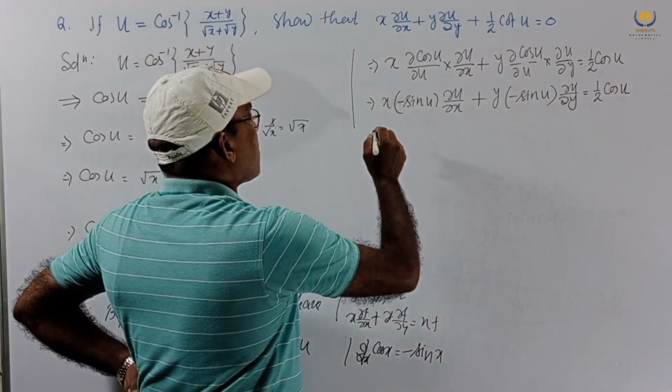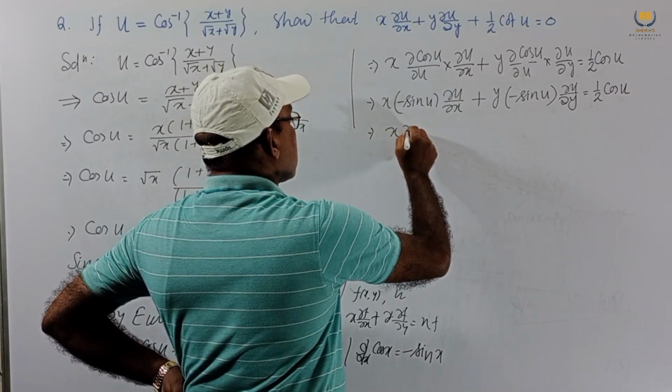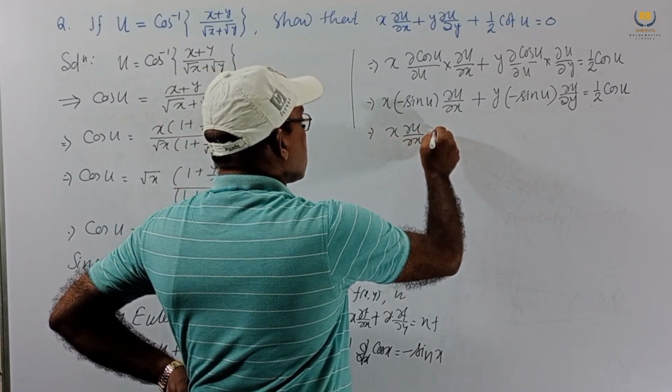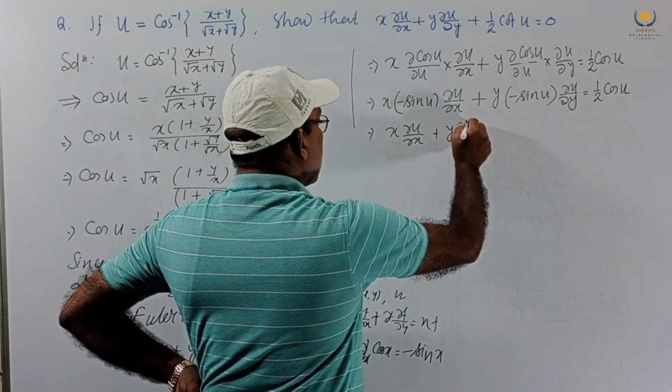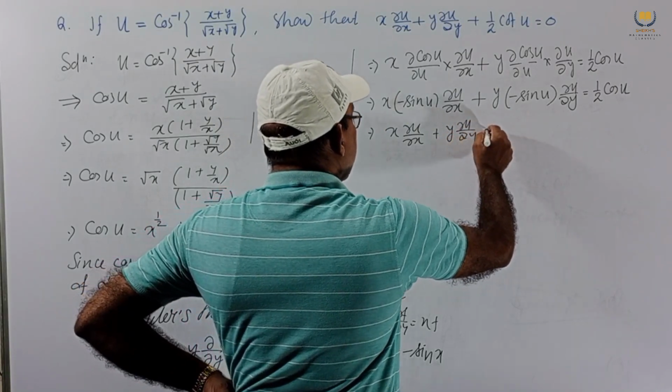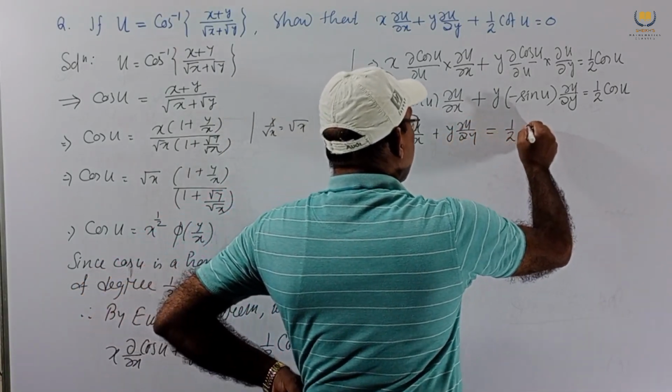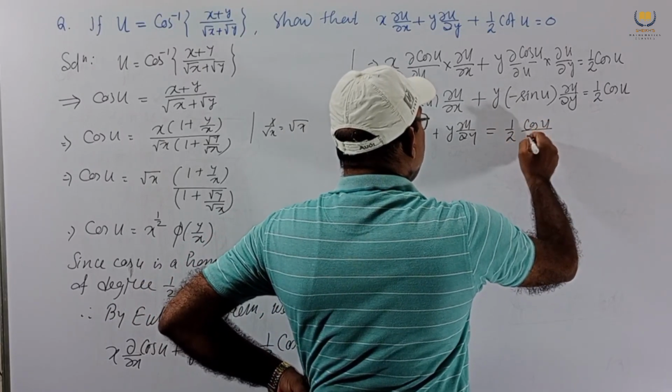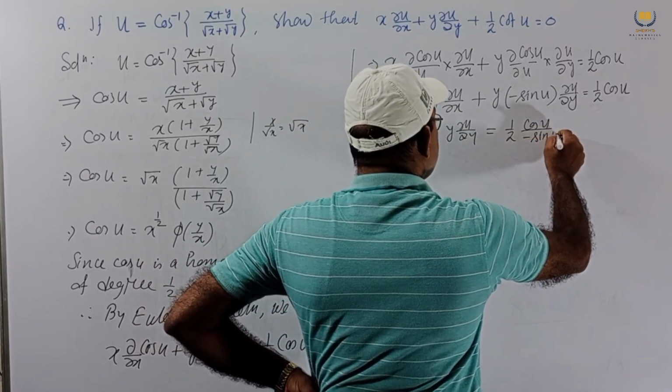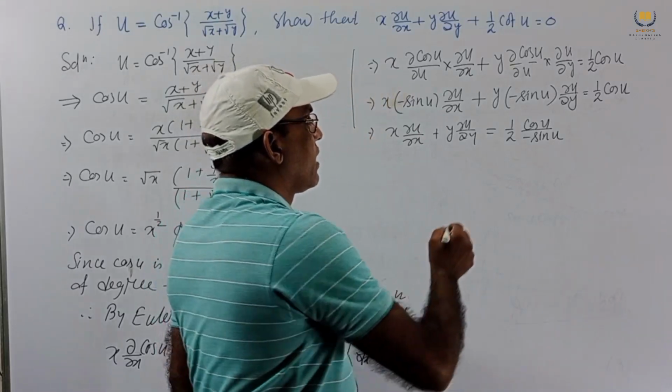Dividing both sides by minus sin u, we get x ∂u/∂x plus y ∂u/∂y equals 1 by 2 cos u by minus sin u.